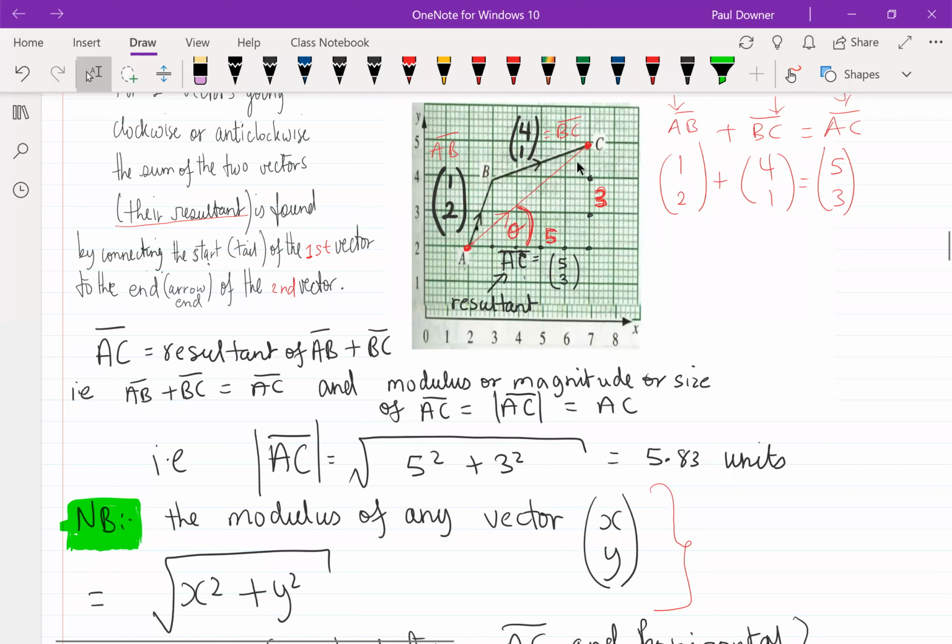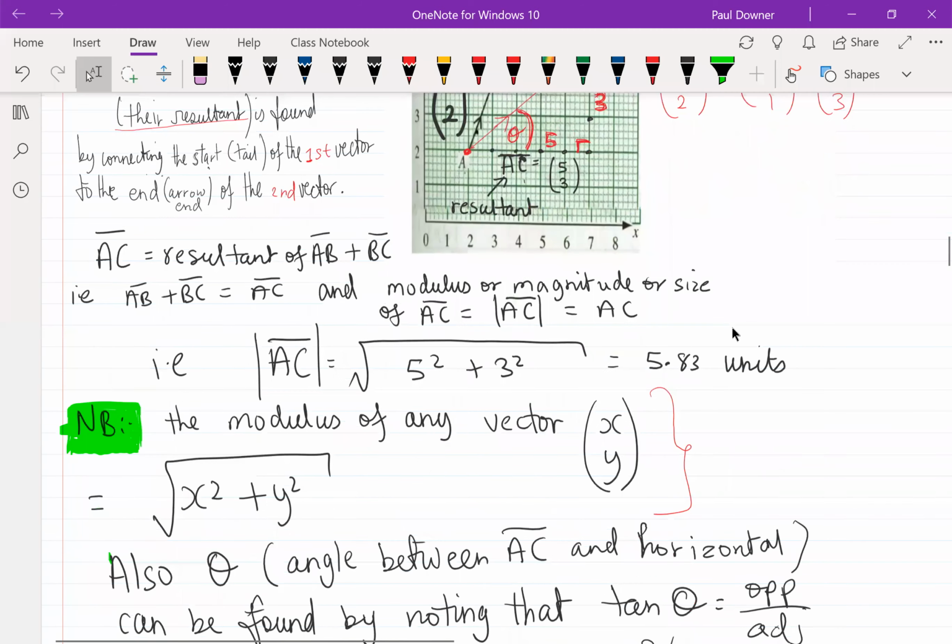And this is a right angle triangle, because there's a right angle here in the corner, because this is a vertical and this is a horizontal. Then to get this angle, I have the opposite and the adjacent in a right angle triangle, so that means I could use tan theta.